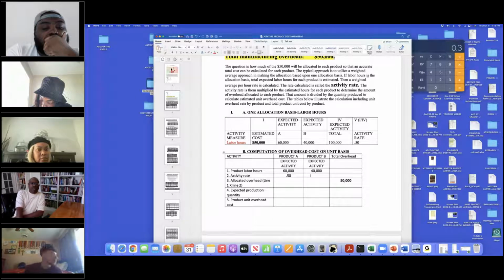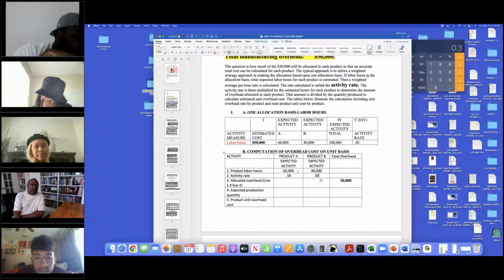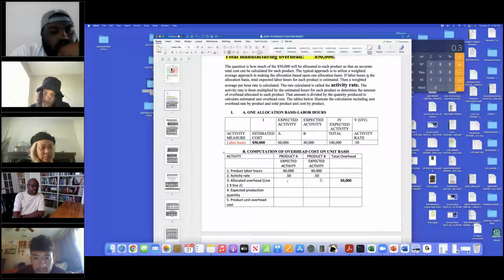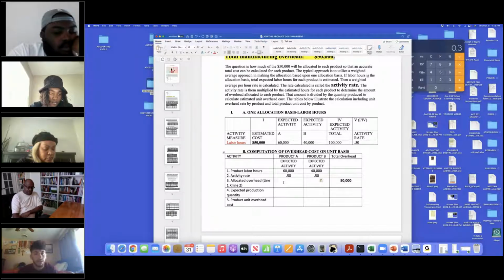We multiply the activity rate times the hours to come up with the overhead allocated for A and the overhead allocated for B. So 0.5 times 60,000 is 30,000.